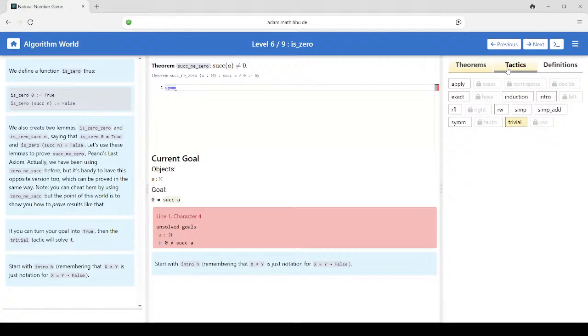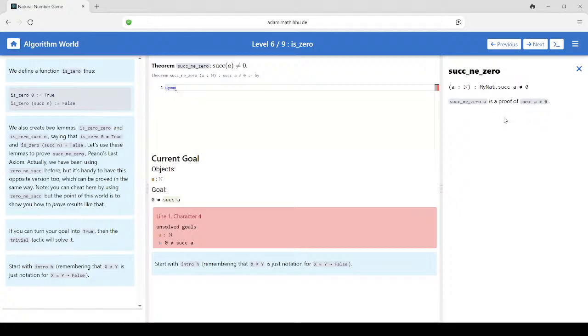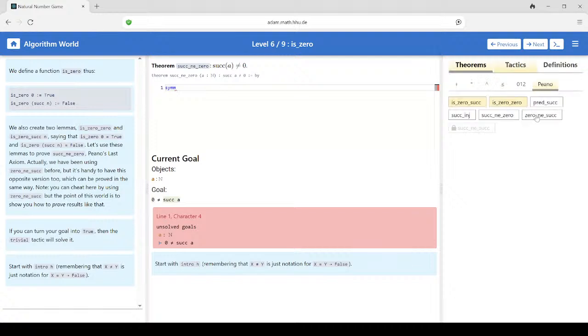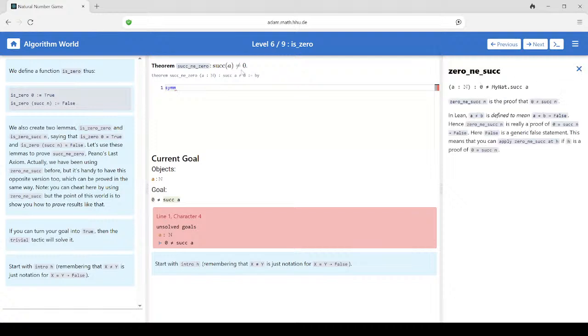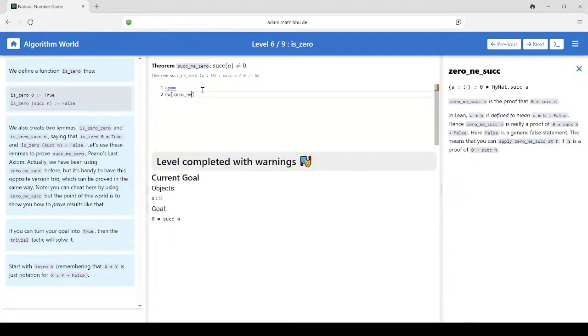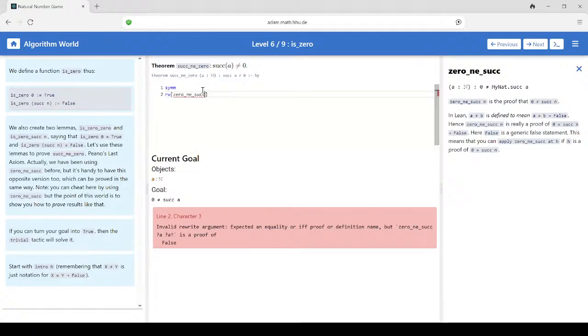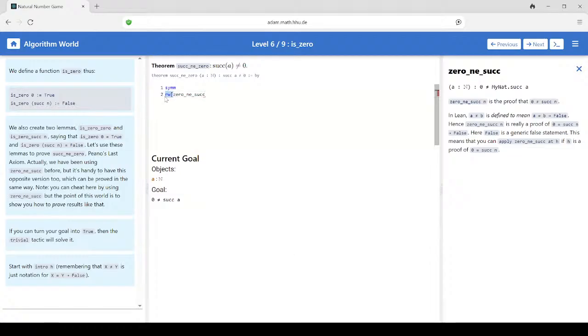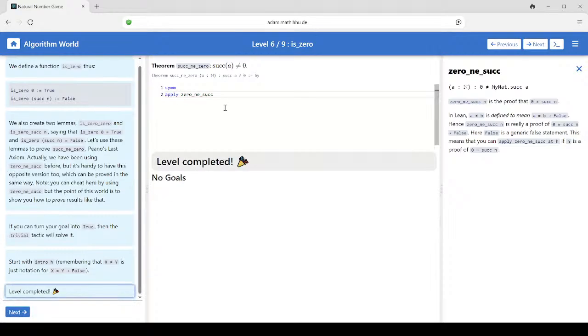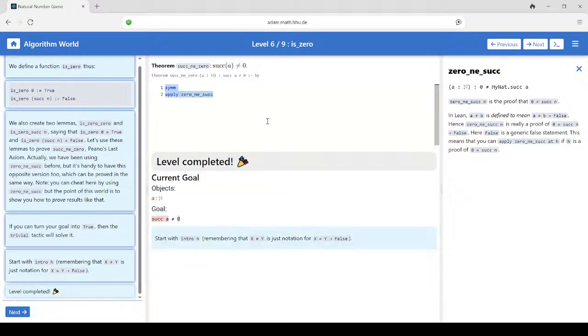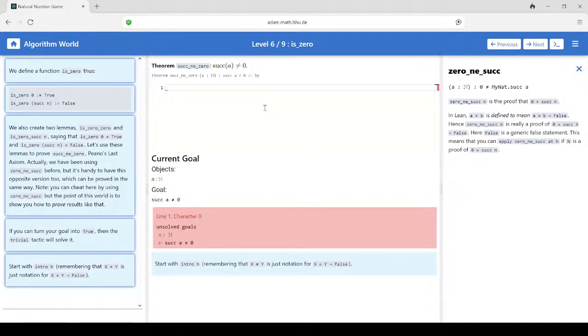And then all we would have to do is use... Nope, that's the one. This one. 0 does not equal. Wait, no, it's not a rewrite, it's an apply or something? There you go. And that's the cheaty way to do it. The cheater's way to do it. But we'll do it the other way that it wants us to do it.